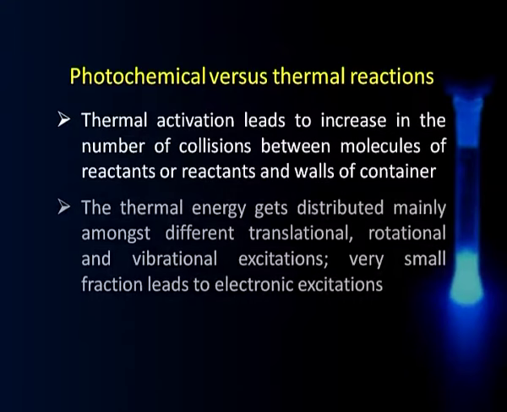Now, what happens to this energy? The thermal energy given to the system gets distributed amongst the different types of motion of the molecule, because molecules undergo translation, rotation, vibration, and so on and so forth. Most of the energy gets into translation, they start moving faster or rotating faster, they undergo vibrational excitation, and a small part of that energy gets into electronic excitations. So, that is what happens in a thermal reaction.